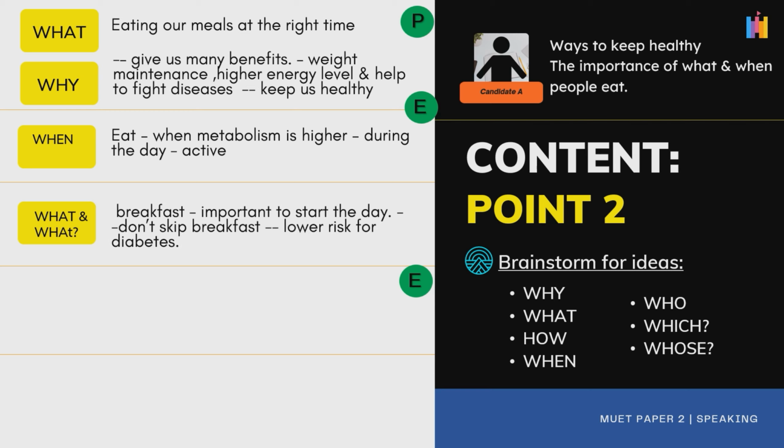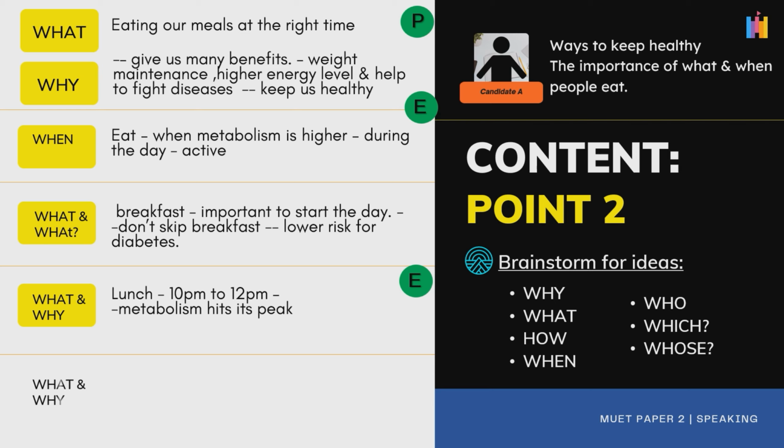And what is the benefit of not skipping breakfast? What is the best time to take lunch and why? What about dinner? Is it good to take late dinner and why?